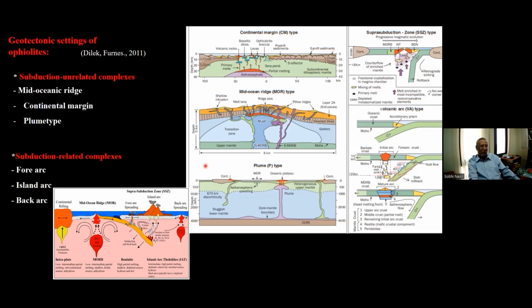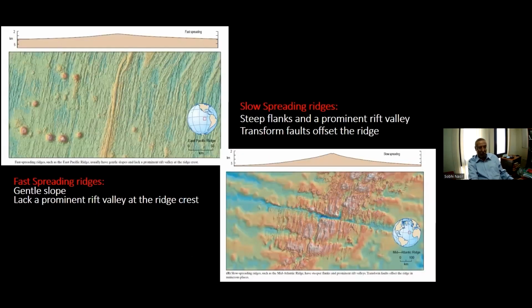On the other hand, we have the subduction-related complexes where we have a fore-arc spreading environment, island arc environment, and back-arc spreading environment. And petrologists try to use either petrophysical, structural, or geochemical studies to distinguish the environment of these ophiolites.